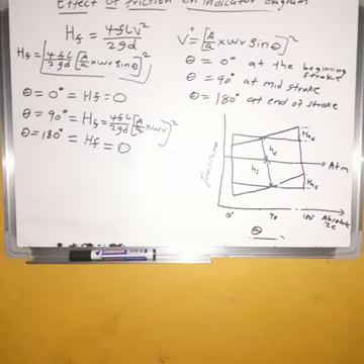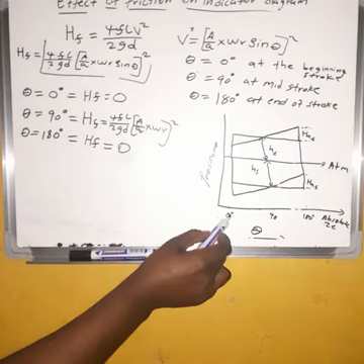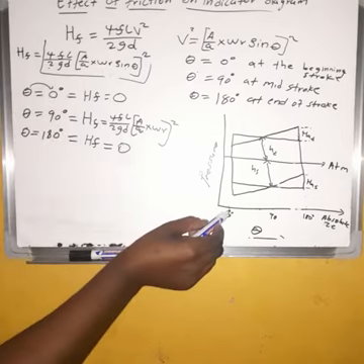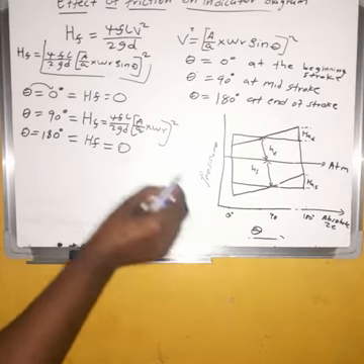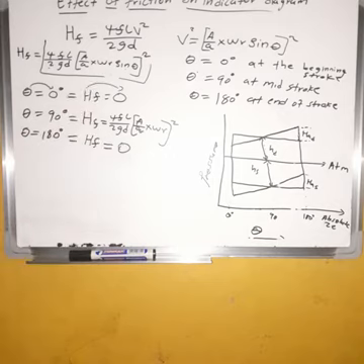Now let us include the friction. How does the effect of friction affect this diagram? Now remember, when theta is 0 degrees, HF will be equal to 0.